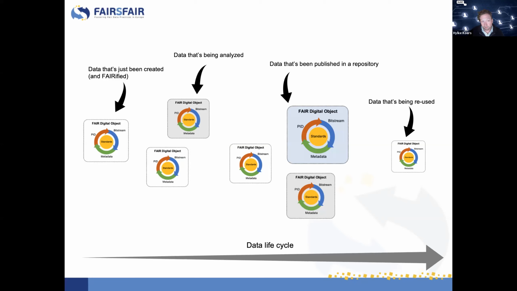There's data that has just been created, and for the sake of this presentation, I'll assume that it has been verified already at its creation. For example, imagine this coming out of a machine that already adds persistent identifiers and metadata to it. It can be data that's still being analyzed, data that's already been published in a data repository, and of course, at the end of the day, data that's being reused, which is one of the primary drivers for this whole concept.